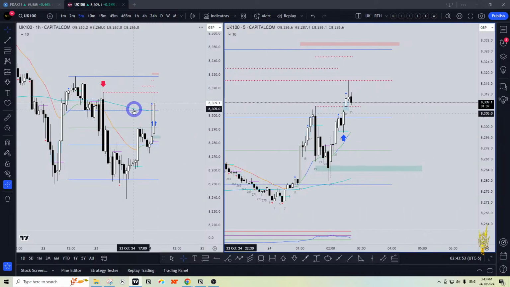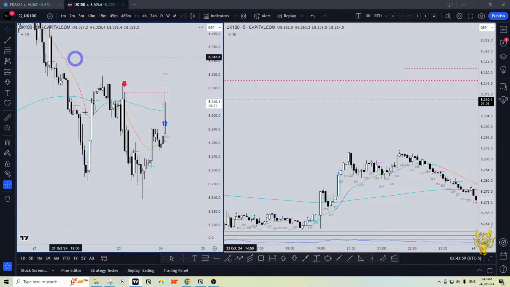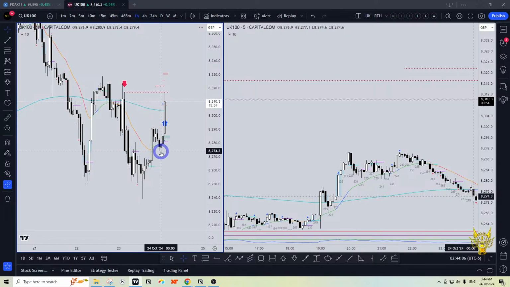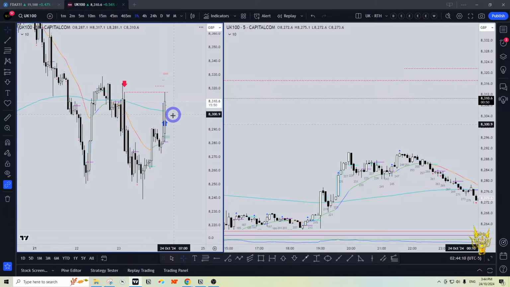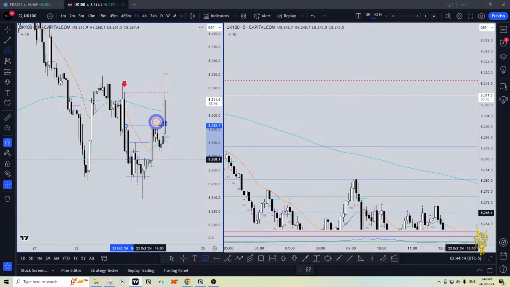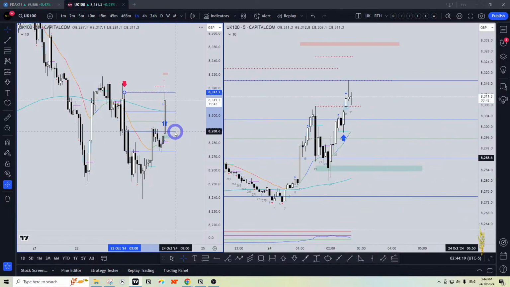I often look at the signal bars to see, okay, who took a good sell? That's a good bear bar. It's below the moving average. You're in a bear trend. If you sell, you had a chance to get back out of your entry. If you didn't, you've now got a chance to sell back at the high, and where is your break even?